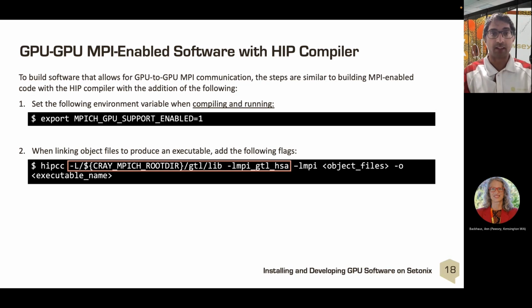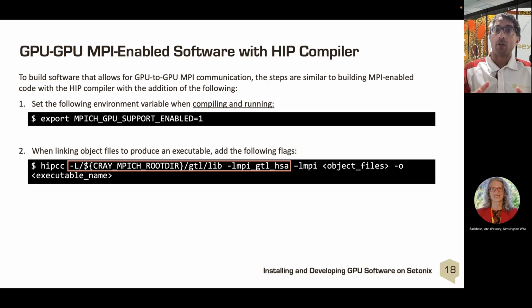And that's where I've highlighted these specifically, including a library path, as well as adding -lmpi_gtl_hsa. So this is the MPI portion that does the GPU to GPU communication. And then you should have a code that can run with GPU to GPU communication. But to run as well, you may need to make sure that you set this environment variable, MPICH_GPU_SUPPORT_ENABLED. That's required for both compiling and running the software.